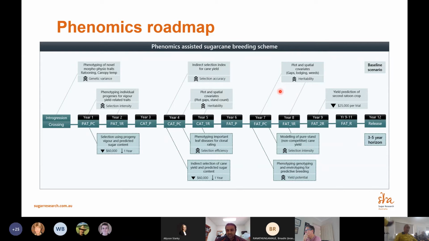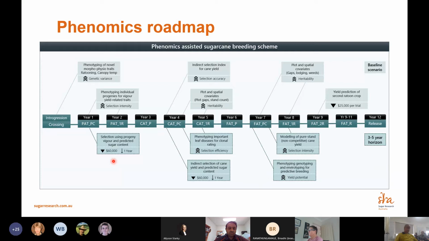And in the fat stage, again, we could have a higher heritability of cane yield using spatial covariates. And in the second ratoon crop, we could have some yield prediction models so that we don't really have to physically harvest the crop. So this is a baseline scenario. That's what we can do now, or we are doing now.